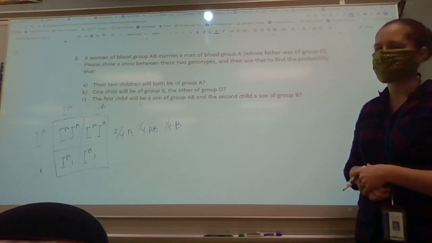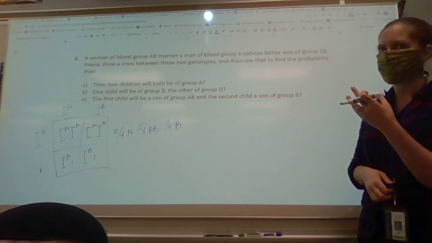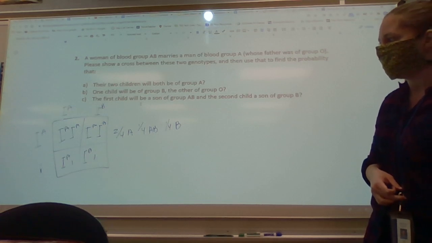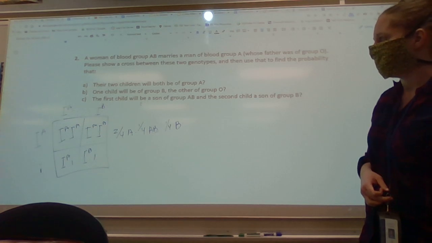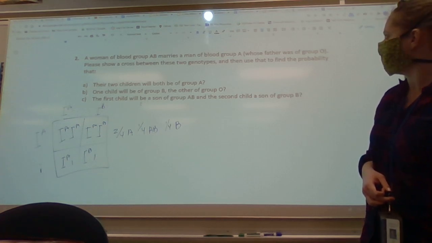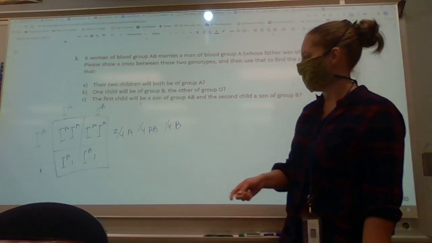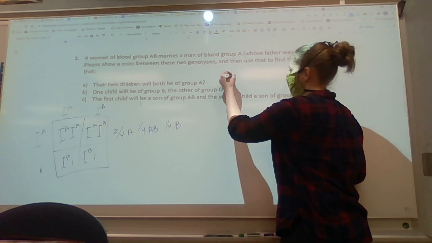Every child is a unique chance, okay? So you have to multiply each possible probability. So what's the chance that child A will be group A? It's going to be 2/4, or 1/2. We can just say 1/2.